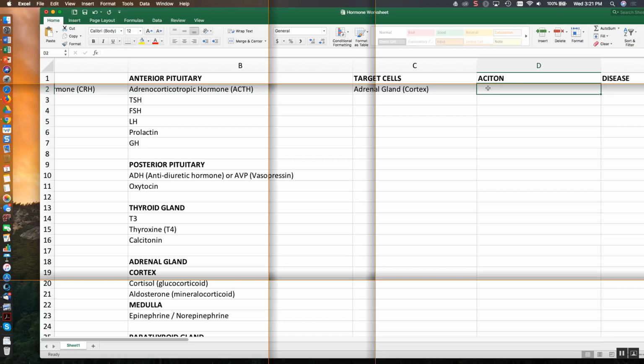It stimulates the secretion of what? Glucocorticoids. Like what?